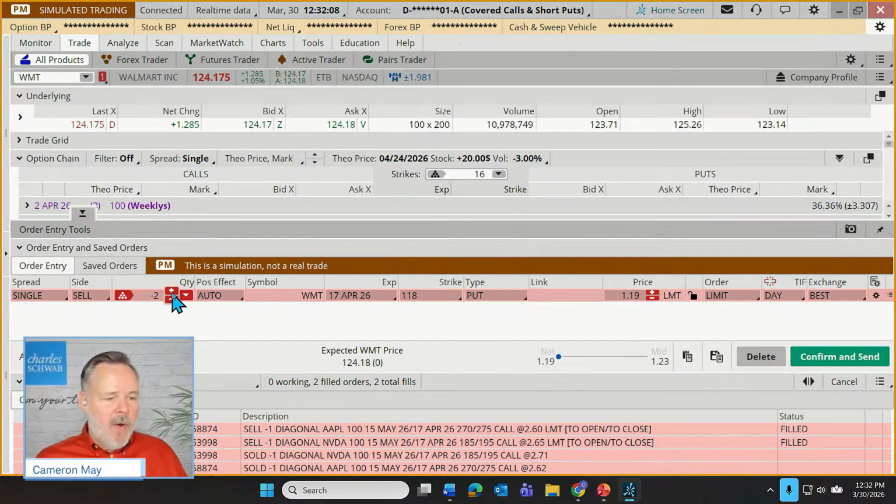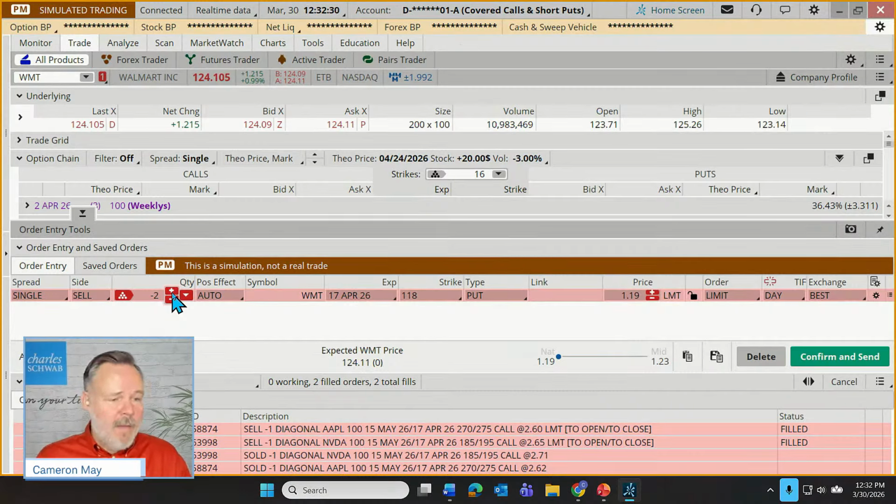Dan says he's not worried about Walmart. The liquidity will happen. But yeah, it's still a good point that Mark is raising, right? On some stocks, Walmart, we have a little bit more of a luxury of having pretty strong liquidity across most strike prices, as long as they're not too far out of the money or too deep in the money. But with lots of stocks, that's definitely not the case.